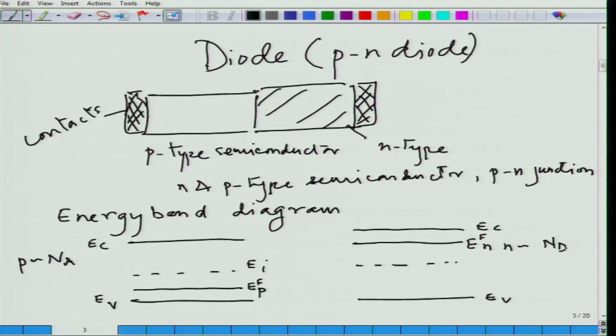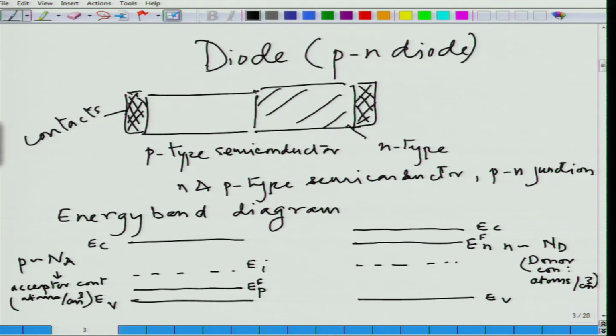Na is the acceptor concentration in the p type, given in terms of atoms per centimeter cube, and Nd is the donor concentration, given in terms of atoms per centimeter cube.